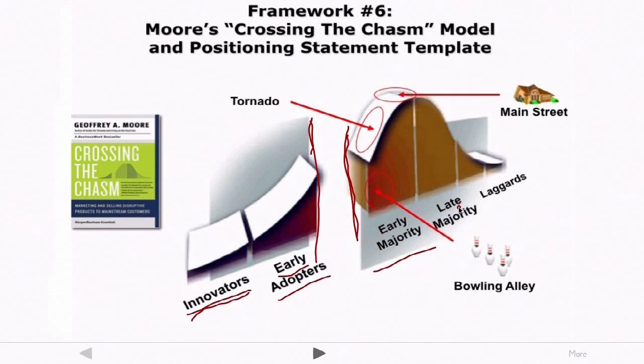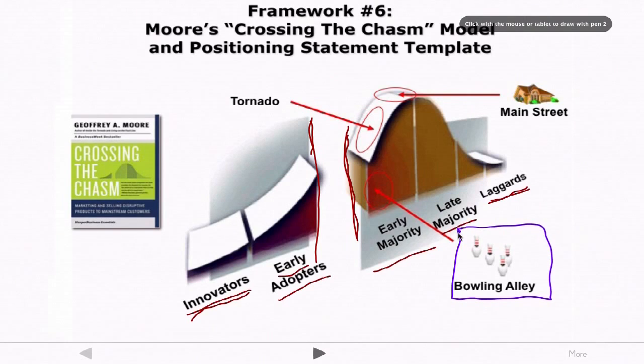There's then the late majority, who are only going to sign up once they see that a number of other people are using it. Finally, there are the laggards in the market, who are only going to adopt technology once they really have to, and once it's a necessity for them. And so we'll talk a bit more in the entrepreneurial marketing session of the class about this bowling alley theory of how it is that you go about this process of moving to progressively more difficult segments of the market.